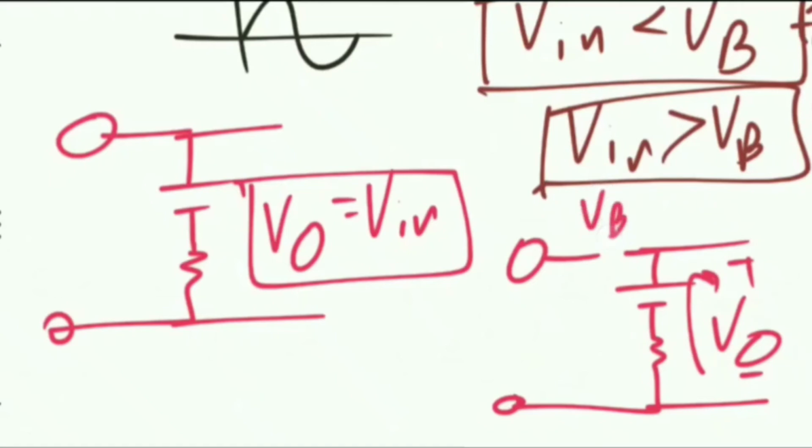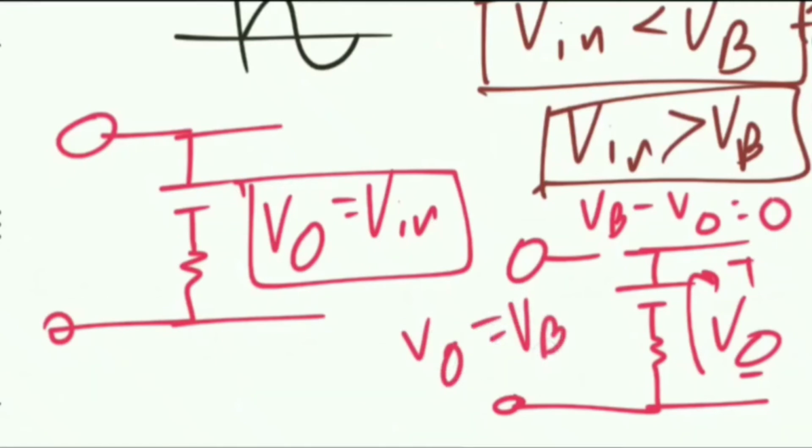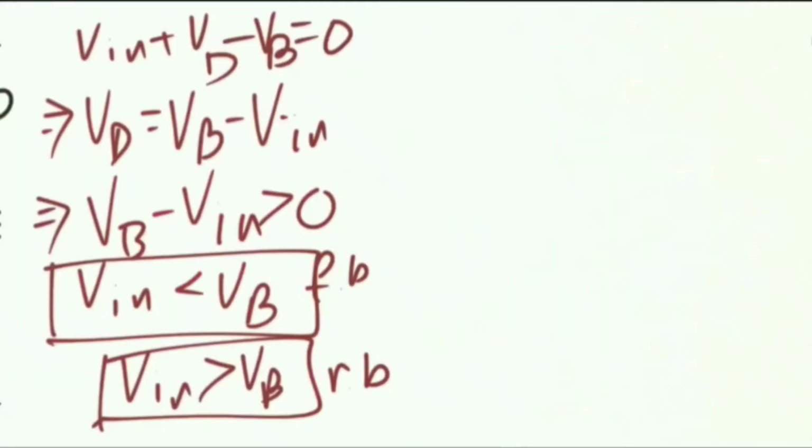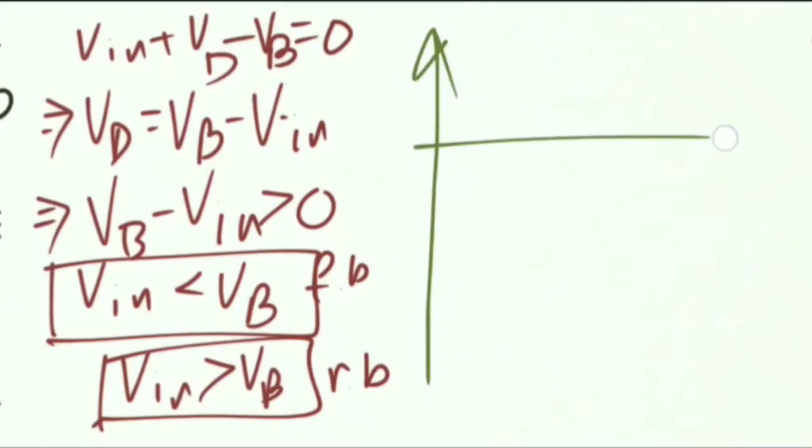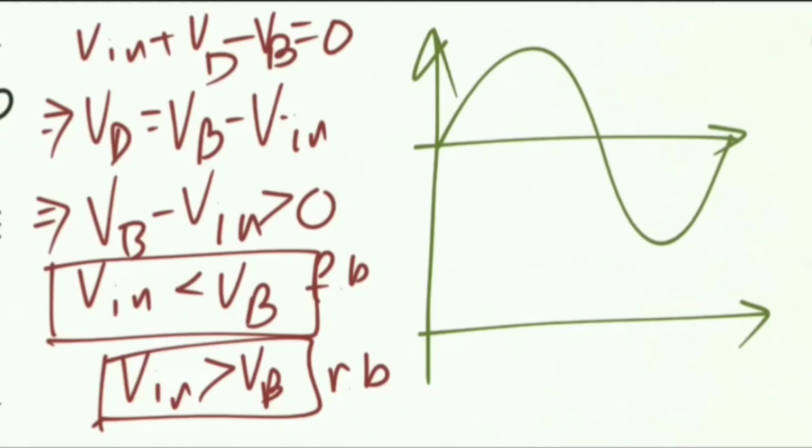Vb minus Vo is 0, that is Vo will be Vb. So let us see the output graph. This is our input Vm, and suppose this is Vb. We are taking Vb again less than the maximum value Vm.